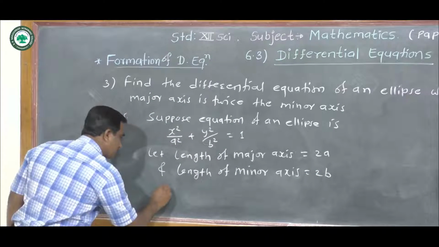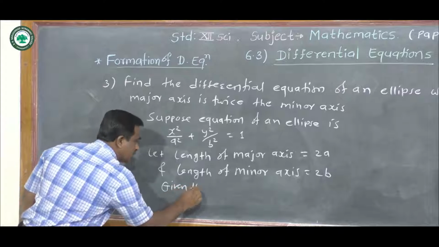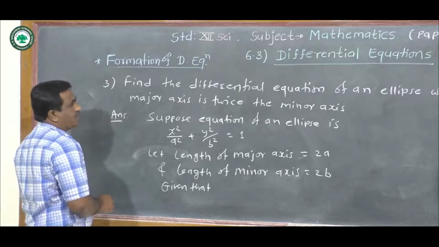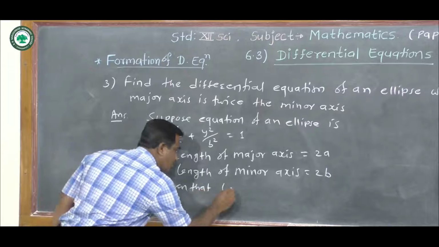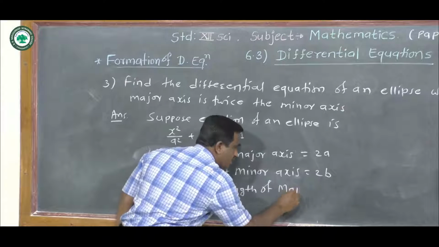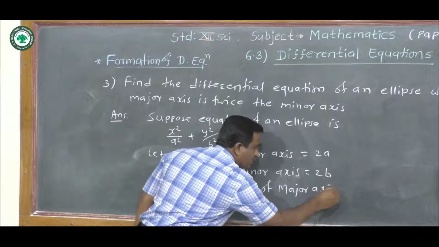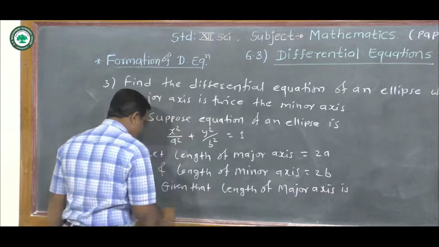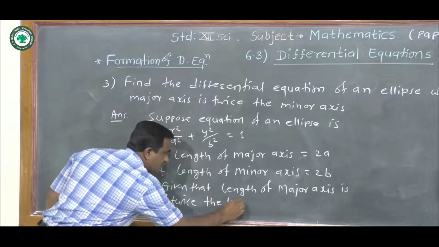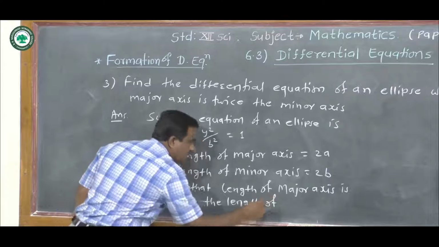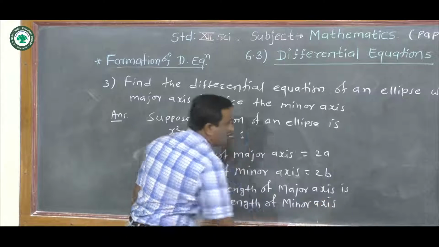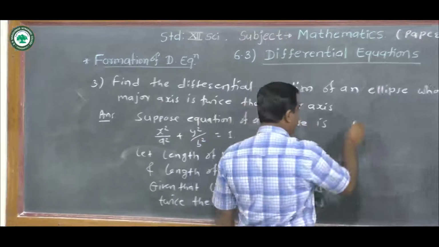Now given that major axis is twice the minor axis, that is length of major axis is twice the length of minor axis.